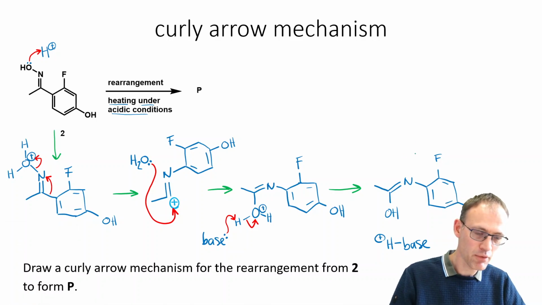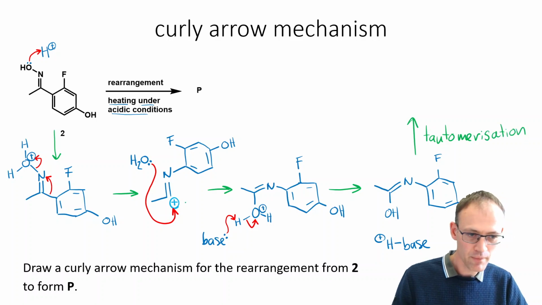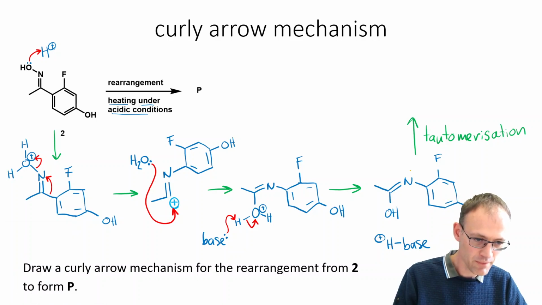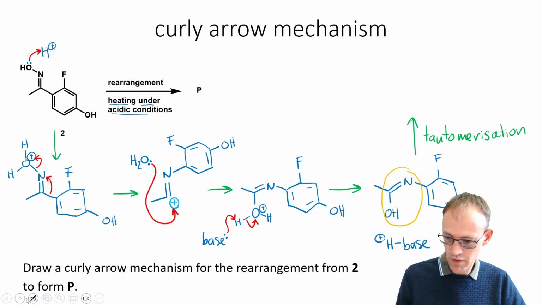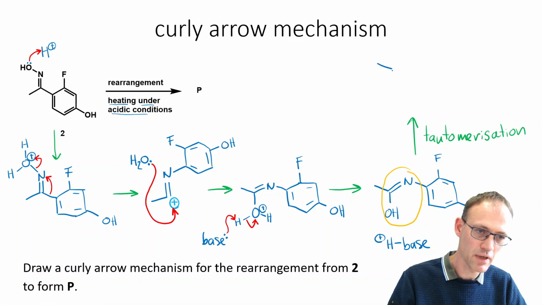So in the final step of the reaction, which is a tautomerization, I will now turn this, which is essentially a tautomer of an amide, into an amide. I'm not going to explicitly draw the curly arrows for that.